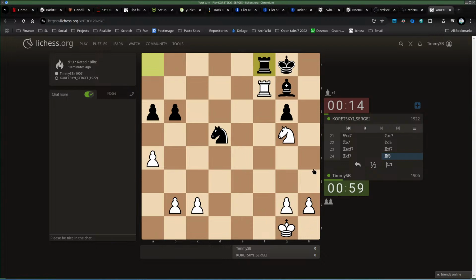Check and mate. That's not good. I have to take it. But he didn't take this pawn then, so it's not that bad. Can't you do that, damn it?